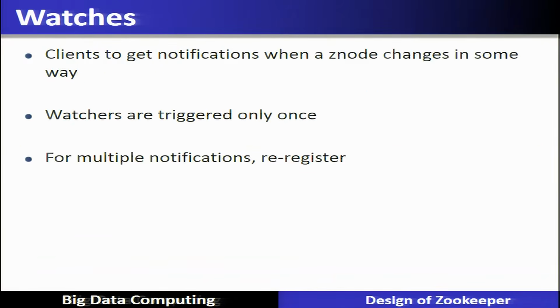Now, another feature available in Zookeeper is called watches. Clients get notifications when a Znode changes in some way through watches. Watchers are triggered only once. For multiple notifications, they have to re-register.